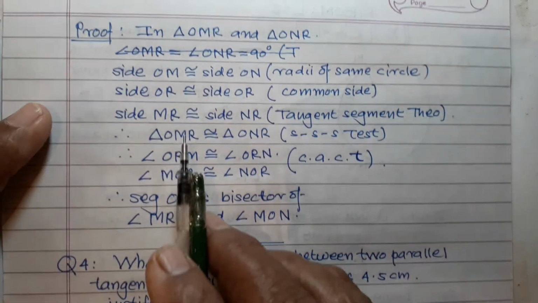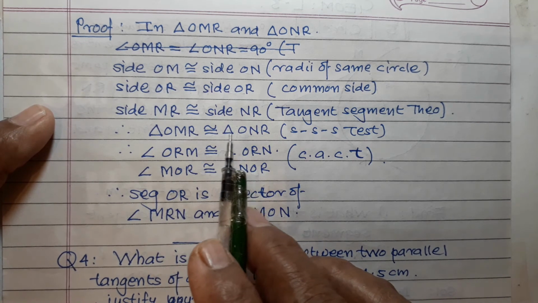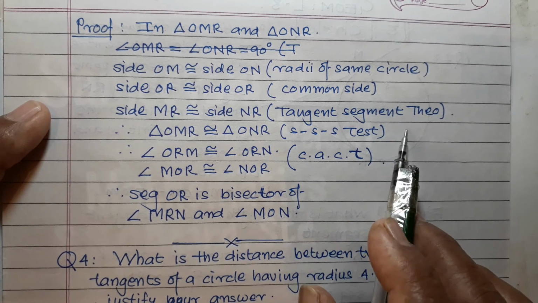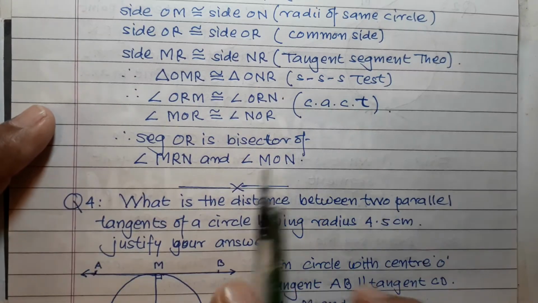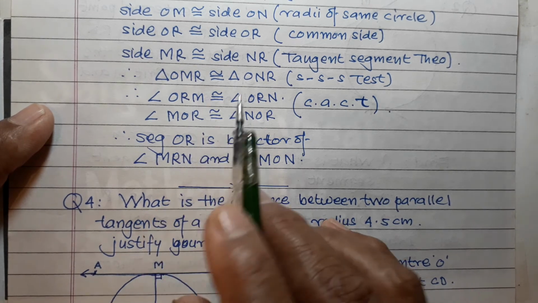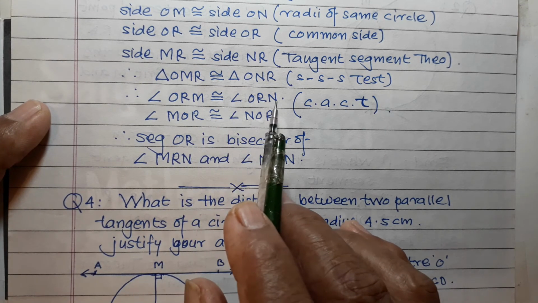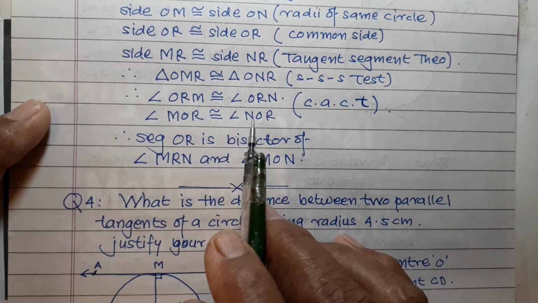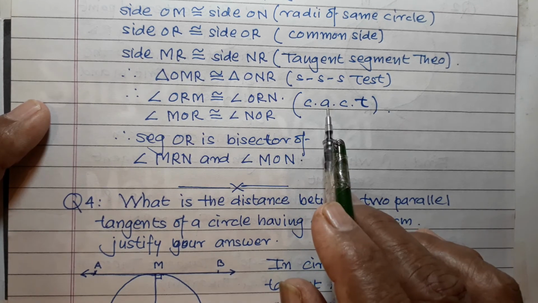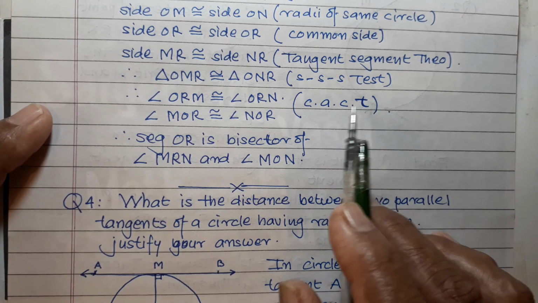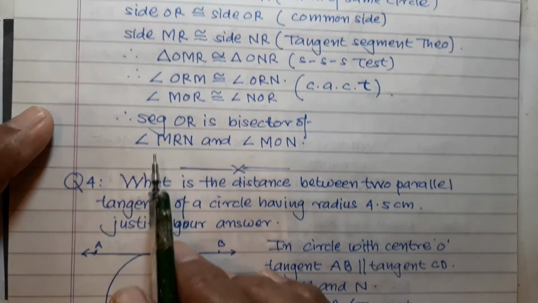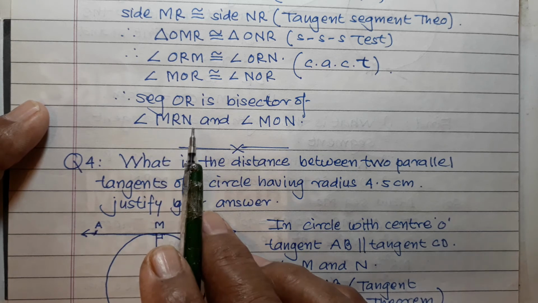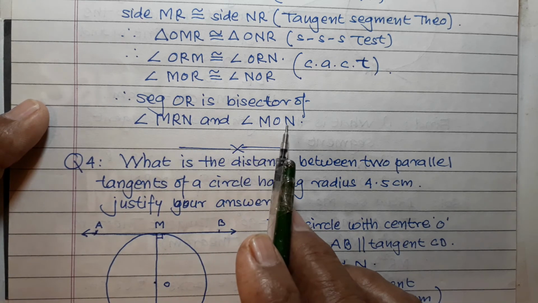Therefore triangle OMR congruent triangle ONR, SSS test of congruency, and therefore angle ORM congruent angle ORN, and angle MOR congruent angle NOR, corresponding angles of congruent triangles. Therefore seg OR is the bisector of angle MRN and angle MON.